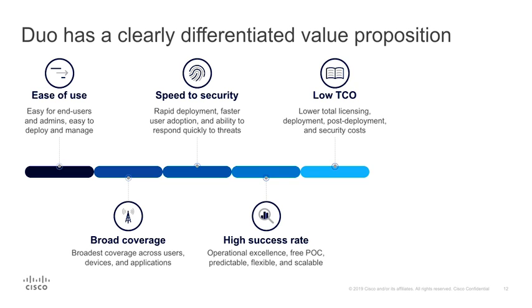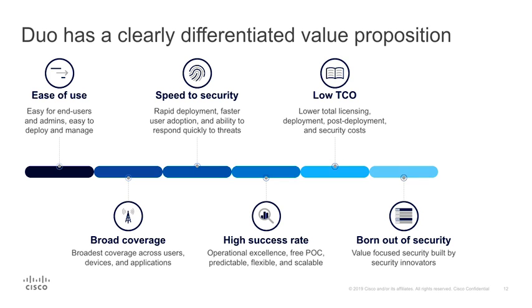Duo offers unlimited integrations, authentications, and devices with no hidden costs, and requires fewer admin resources to deploy and manage. 6. Born out of security. Duo is better security, not just more security, built by innovators with deep industry experience. It was built to solve customer pains and leverage technologies that they already have in place.